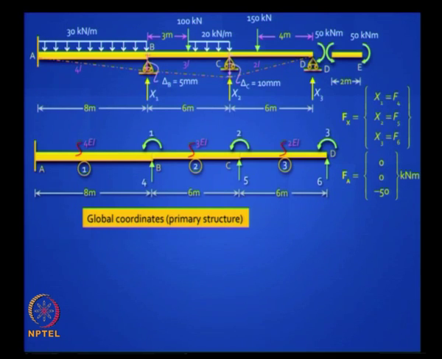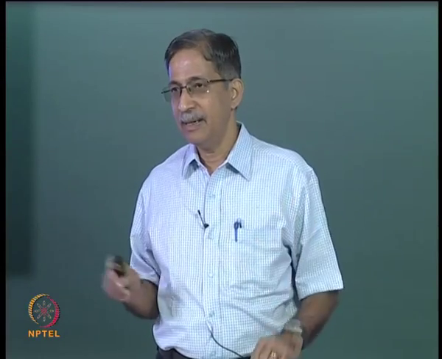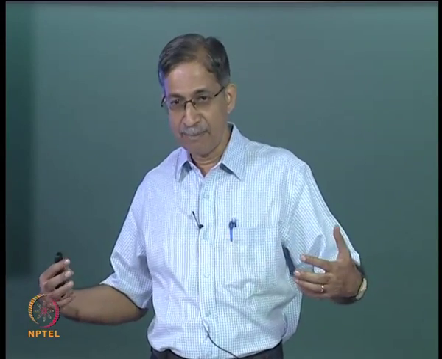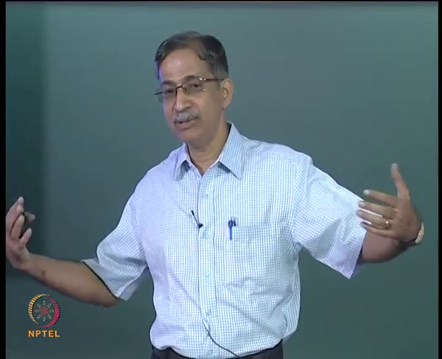Clear? Make the framework ready to do the analysis. If two students choose different numbering systems, not a problem, you should still finally get the same shear force and bending moment diagram. The numbering, the naming can be different.